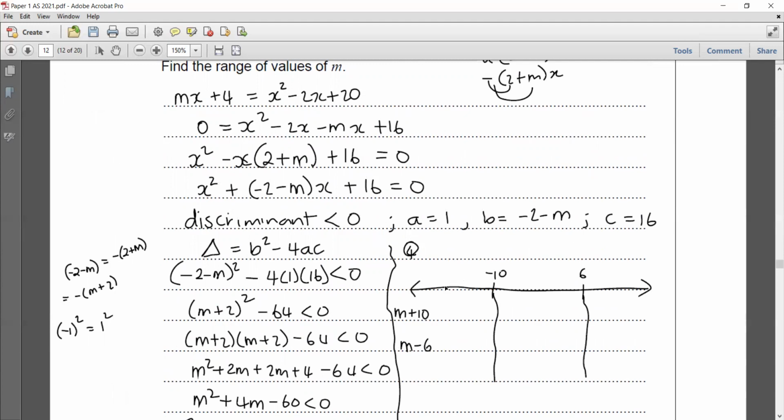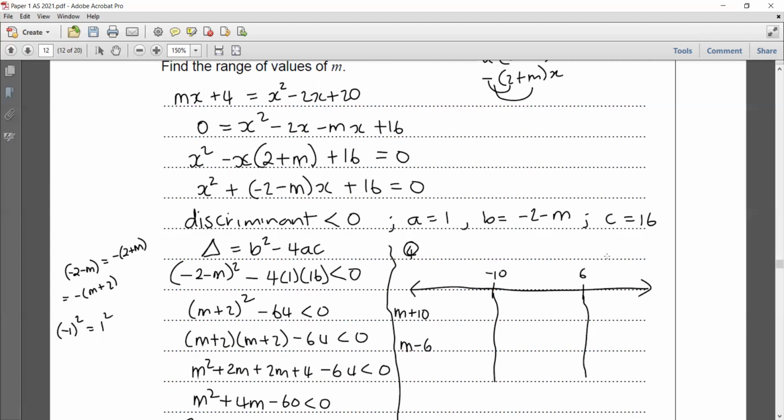Now what you should do is you started with a number line and you divided it into 3 regions. Okay, so these are numbers that are less than -10. These are numbers between -10 and 6, and then these are numbers that are greater than 6.